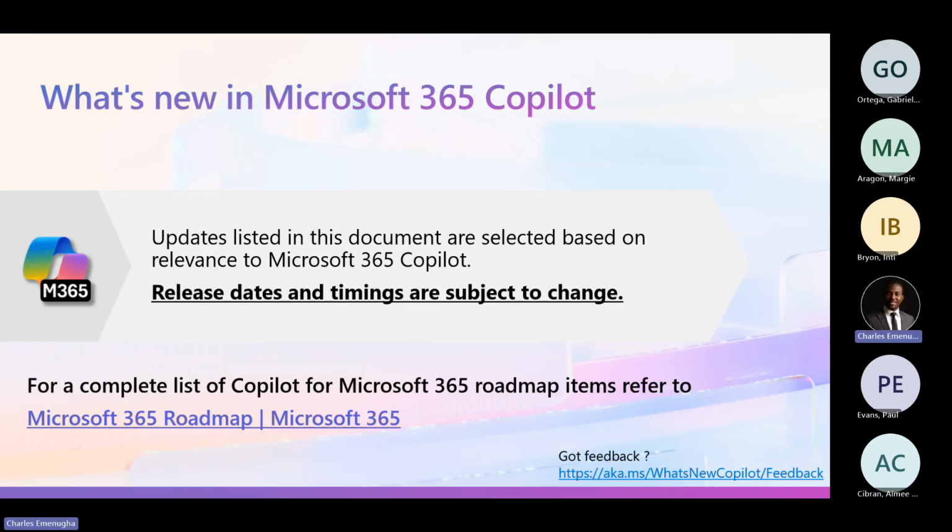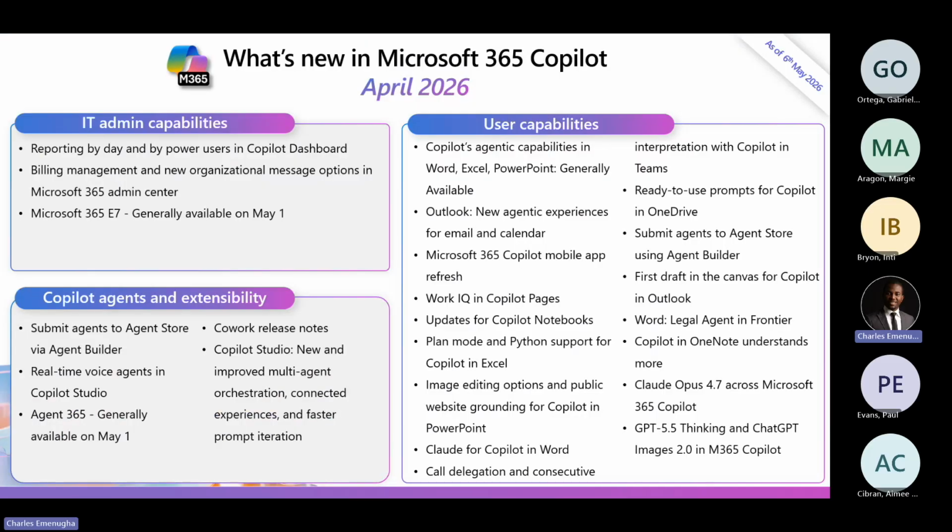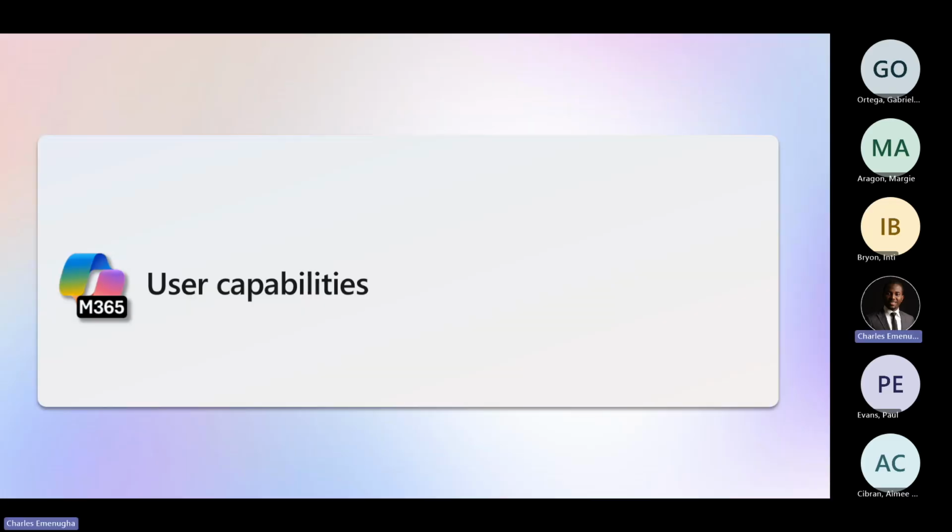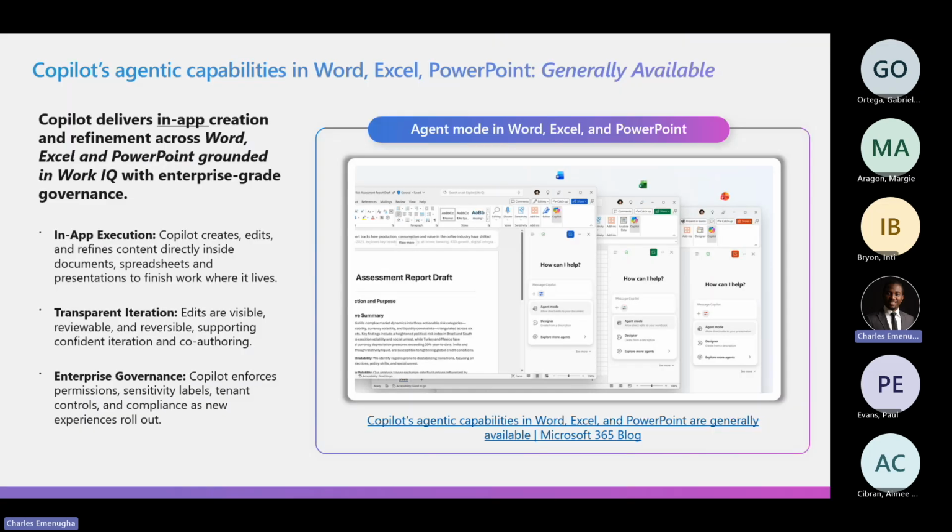Okay, all right, great. So usually updates are categorized in these three segments, but because this is an end user segment, we're going to be focusing on updates that cover user capabilities. Now, the first updates for user capabilities is the Copilot agentic capabilities in Word, Excel, and PowerPoint.